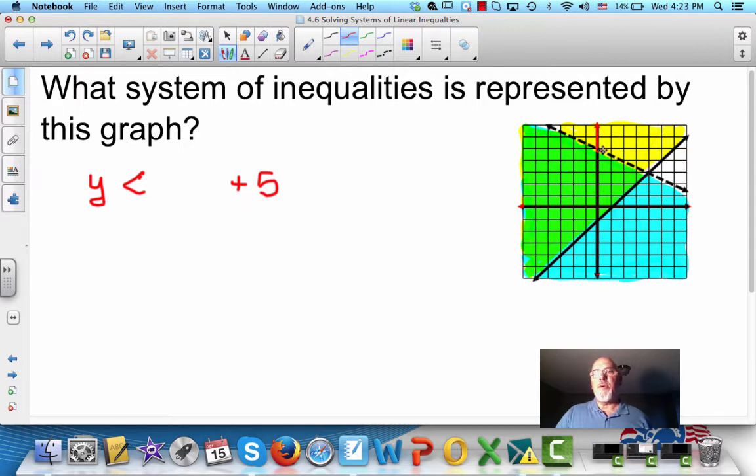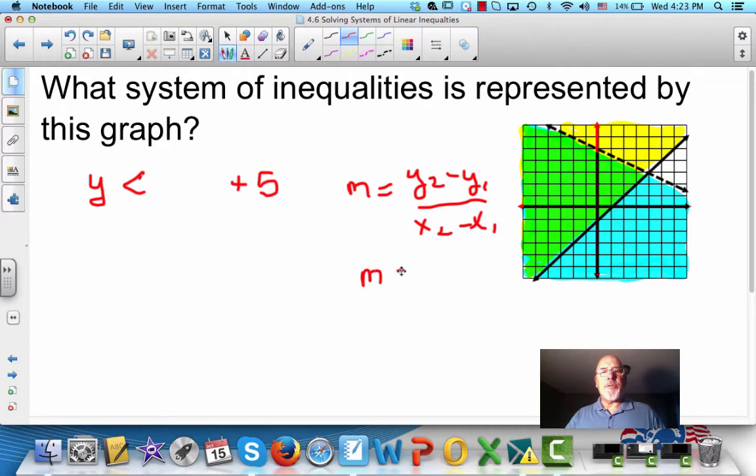You can either find the points and do the slope, y2 minus y1, which is what you should do. M, the slope, equals y2 minus y1 over x2 minus x1. So that means our slope is going to be equal to, this point is (0, 5), and this point is (4, 3).